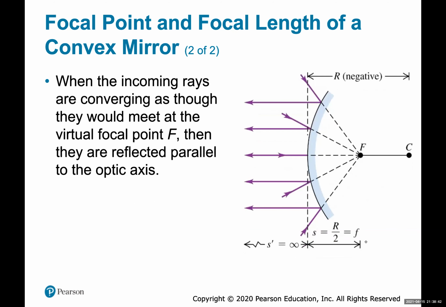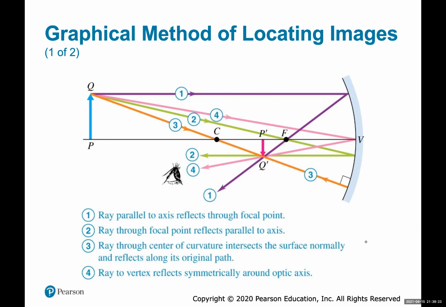A ray through the center of curvature is reflected back upon itself. Those are the three that are kind of go-tos. If we really need a fourth, the pink ray that is drawn here will get the job done. I don't expect to need a fourth.